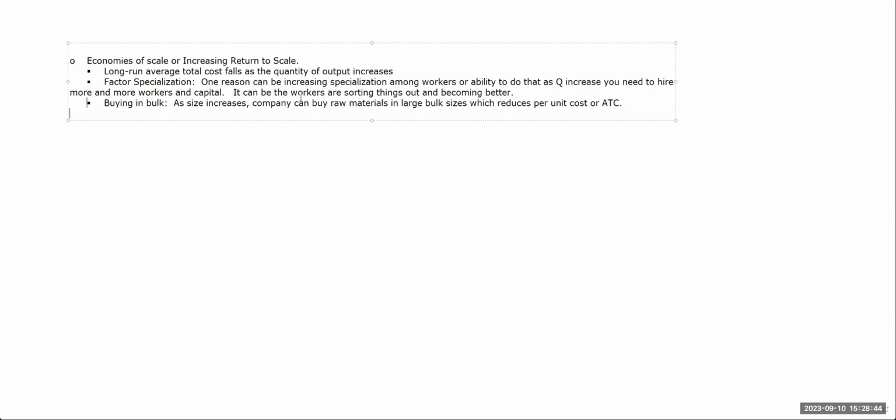And when he was small, he had to do everything himself. He had to be the CEO, the CFO, the head researcher, the sweeper of the floor, the mechanic. When things break down, he had to fix everything himself. He's not very good at all these things, but he had to deal with it. The bookkeeper, everything he had to do himself. When he didn't know how to do something, he looked it up on YouTube. Probably took him 4 hours to do something when an expert, like a really good mechanic or bookkeeper, would take him like half the time.